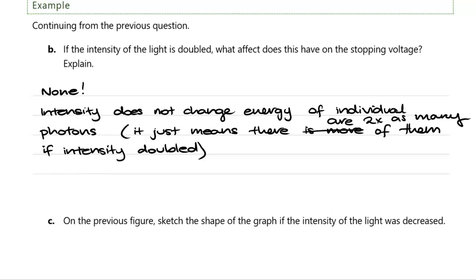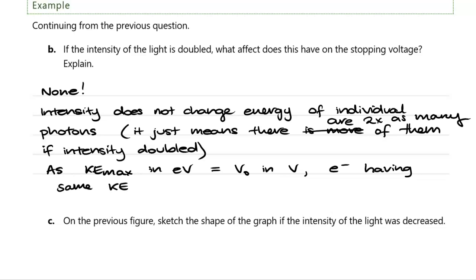So what effect does this have on the stopping voltage? Intensity does not change the energy of individual photons, as Ke max in eV equals V0 in volts. Electrons having the same Ke max leads to V0 the same.